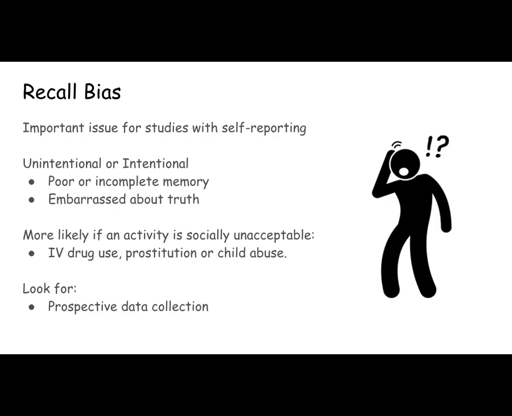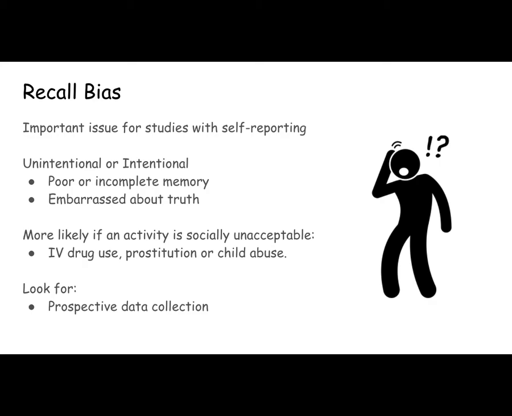Recall bias is another one that can frequently come up in occupational therapy research. Here, we're asking people to self-report. And in some cases, we're asking them to self-report things that may be illegal or socially unacceptable, right? Drug use, prostitution, homelessness.